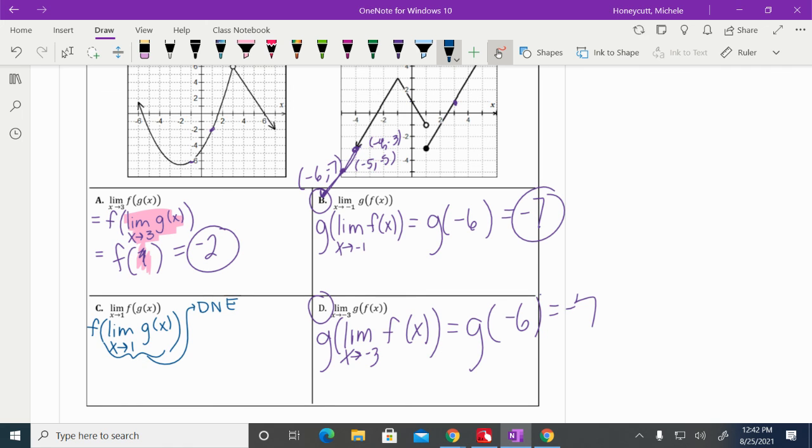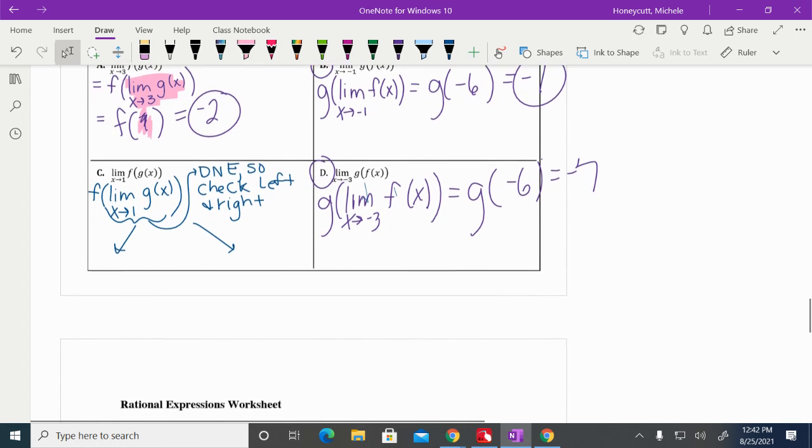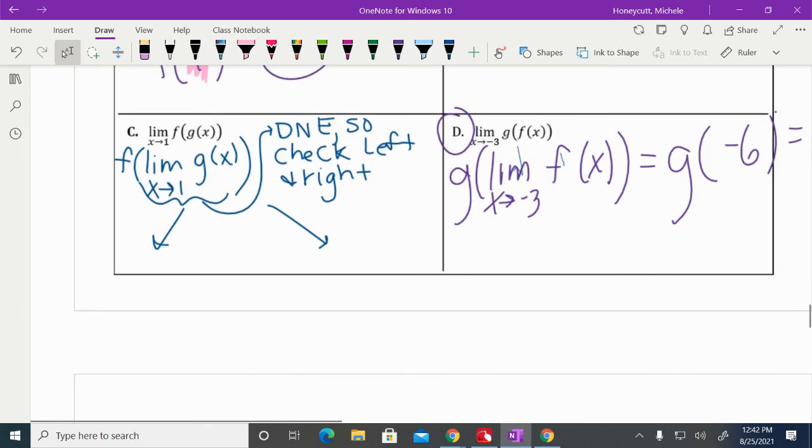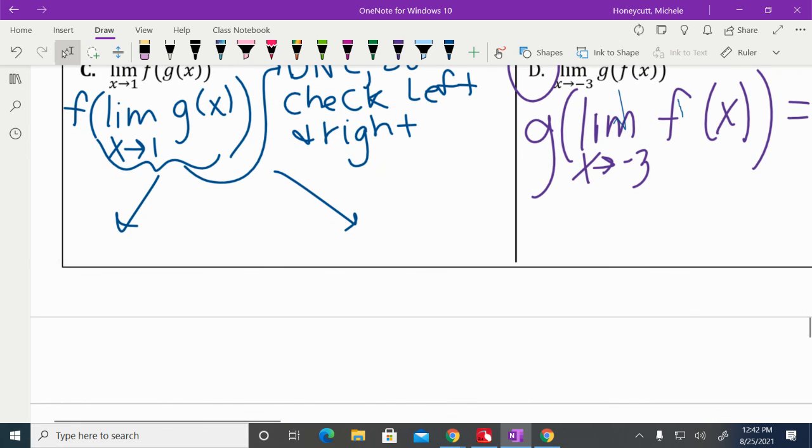And since that part doesn't exist, I need to check the left and right hand limits. So that means I'm going to need 2 more things down here. And I'll zoom in so I can write it out larger. And see if they're the same.